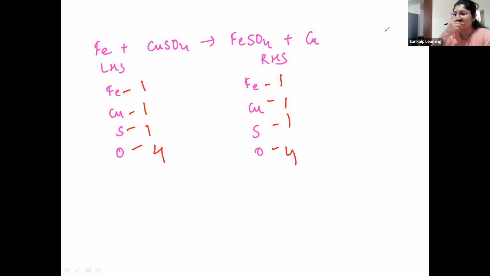Understood balancing? So in your textbook, there are some extra questions, 5 questions. Okay.